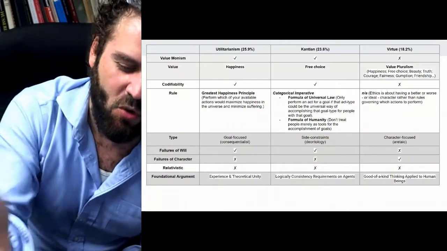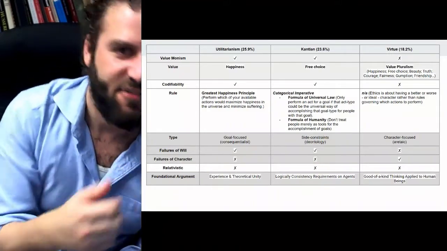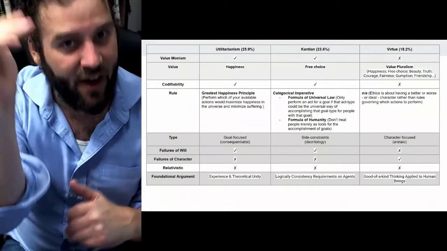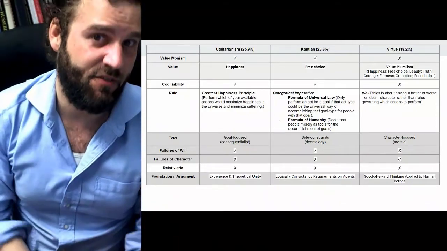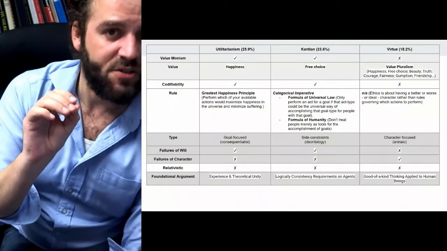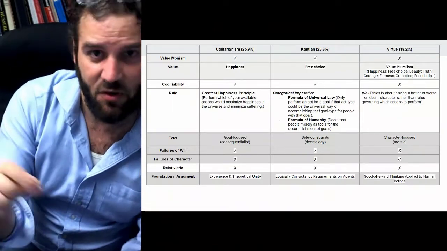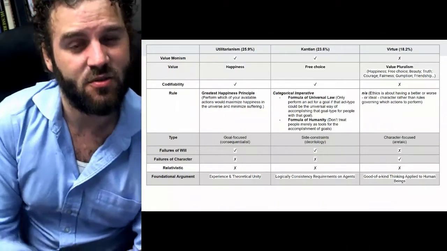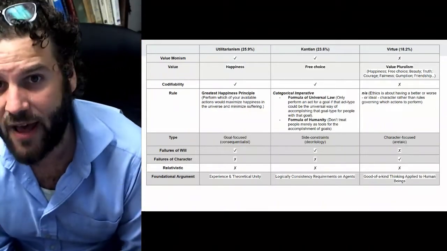Similarly, a slow tortoise is not a defective tortoise. A slow cheetah is a defective cheetah. So the standard for evaluating something depends on the kind of thing it is. And the virtue ethicist wants to apply that same sort of thinking that we use for other types of things in the universe to human beings. That's what ethics is concerned with: what it is to be a good or bad human being.